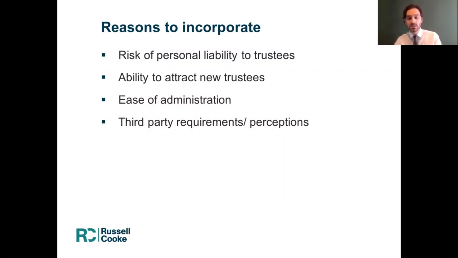By contrast, if a charity is incorporated, so if it's a company or if it's a CIO, it has separate legal personality, and the charity itself can hold all of those legal relationships. So if a liability or claim arises, it's against the charity itself as a legal person, and not the individual trustees.